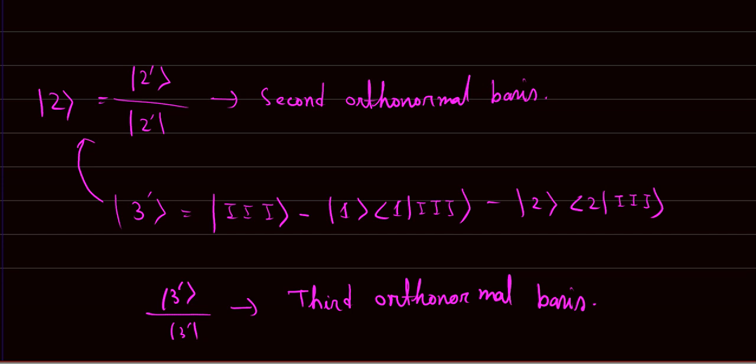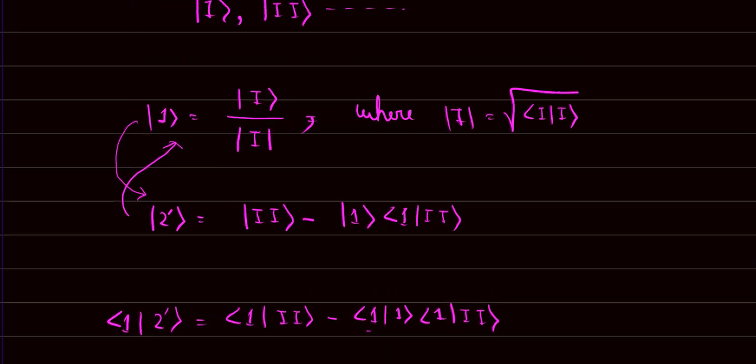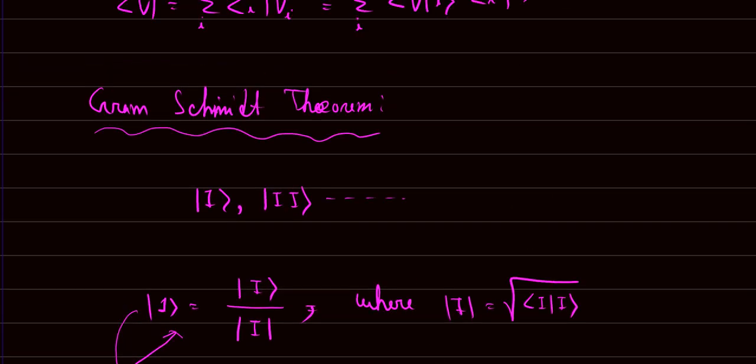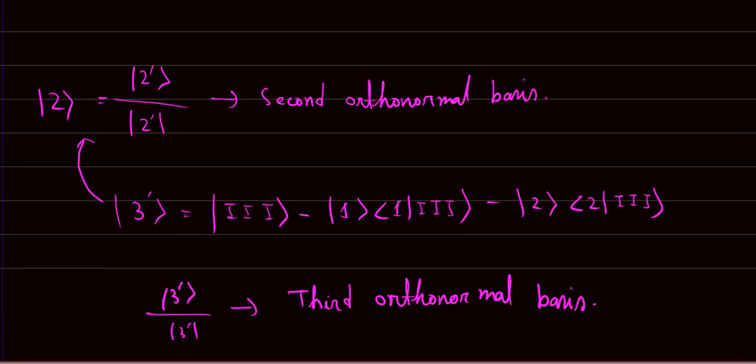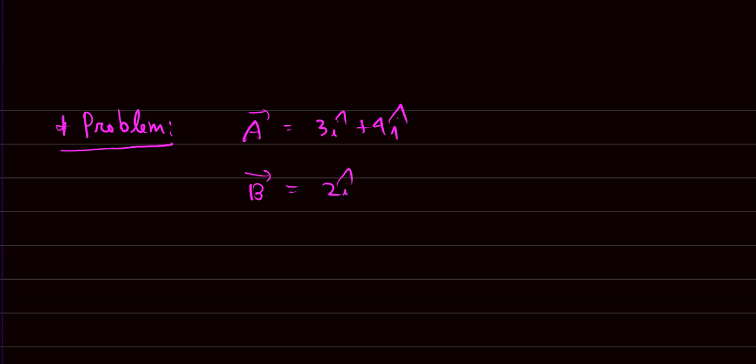If you are finding it difficult to imagine what is happening, always think about our 2-dimensional or 3-dimensional vectors. Let's do a problem in a 2-dimensional vector space, so that we can understand this procedure more. Let's say we are given two 2-dimensional vectors like this.